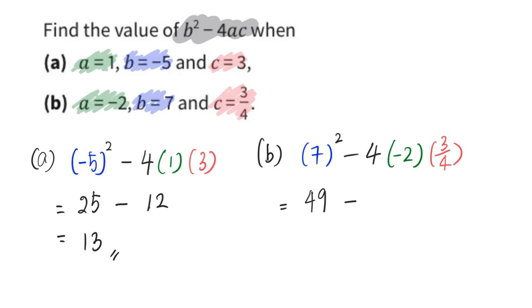This one will actually give me a value of negative 6. So this one requires further working, because I do see a minus negative, which is the same as addition, and therefore this one will be 55.